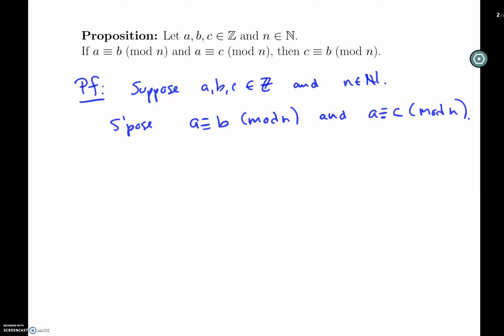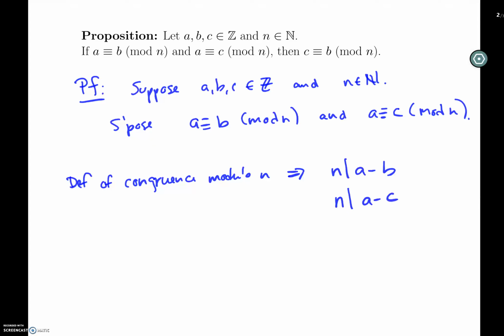Now, the definition of congruence modulo n tells us that n has to divide a minus b, and also that n has to divide a minus c.